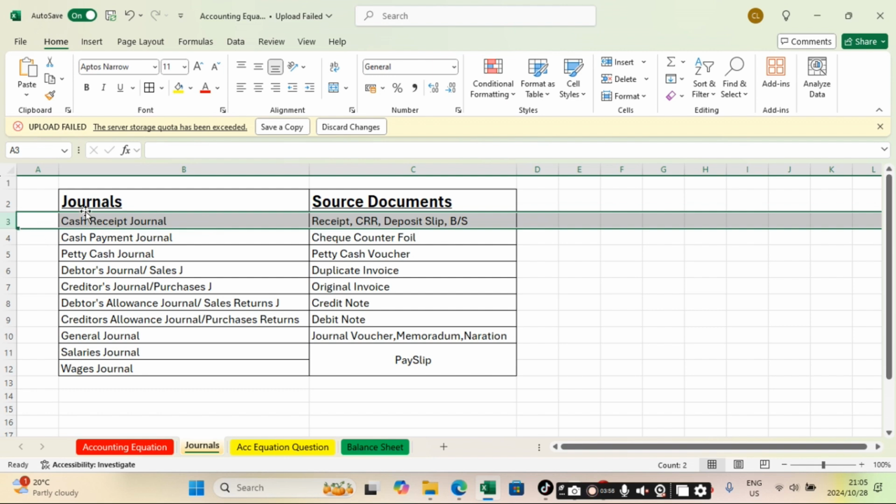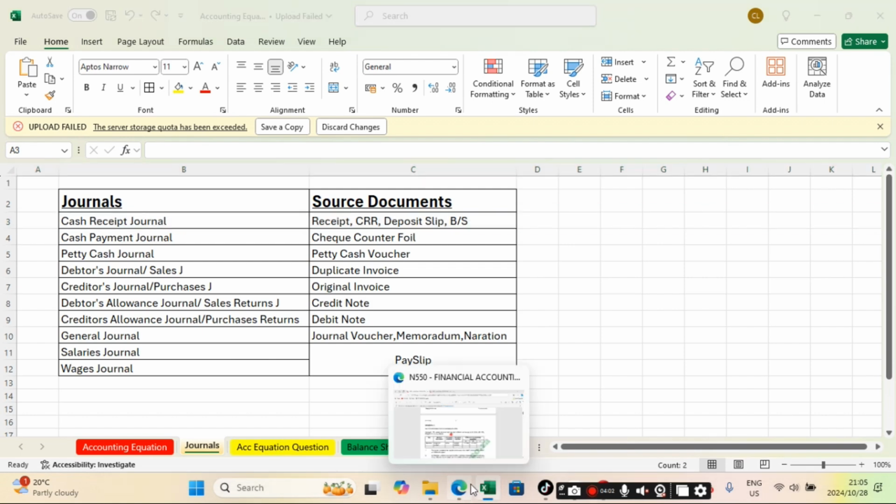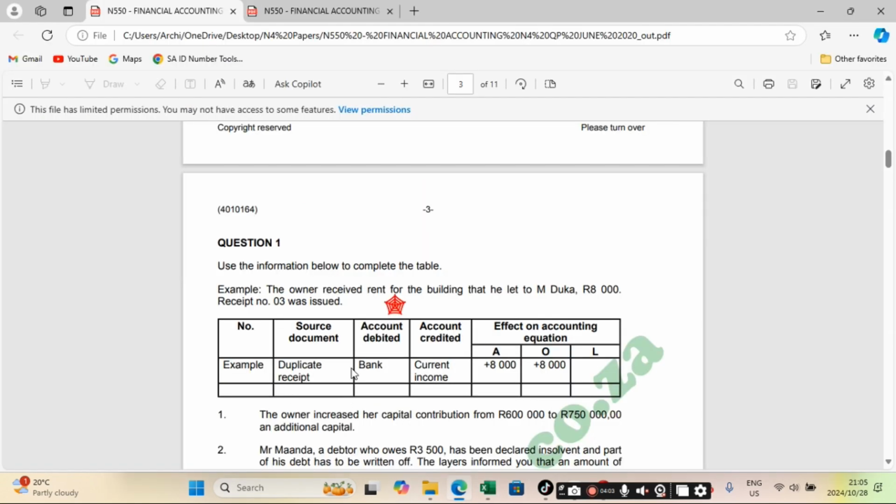So here's our source document that's going to be affected. Let's see what they say. Which source document is affected? We have the duplicate receipt. Of course, our receipt will have a duplicate receipt because our CRJ is being affected.